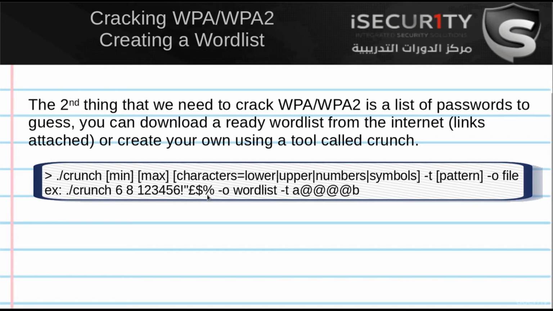And these are going to be stored in a file called wordlist. And for the pattern, the passwords that are created are always going to start with an A and always going to end with B. So all the passwords that you're going to see in the file are going to always start with A and end with B, and they'll have all the possible combinations of the characters you specified between the A and the B.